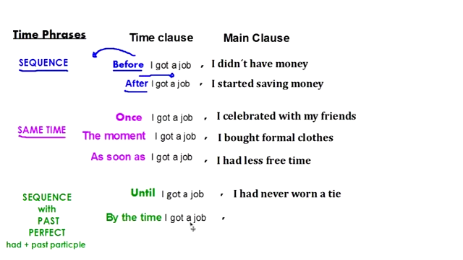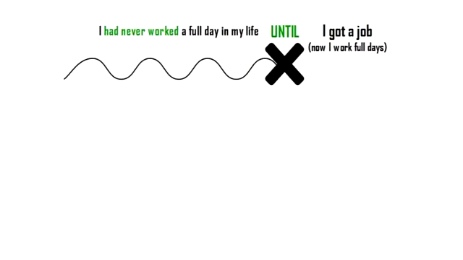So, by the time I got a job, I had applied at many places. Okay? Now, I know these two are difficult to understand, so I'm going to focus more on these with different examples. Okay, so here we use until. So remember, until signifies that there is a change in something.